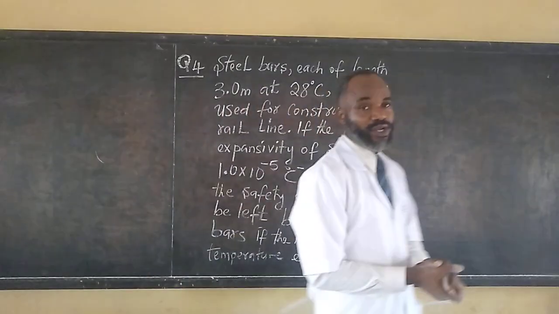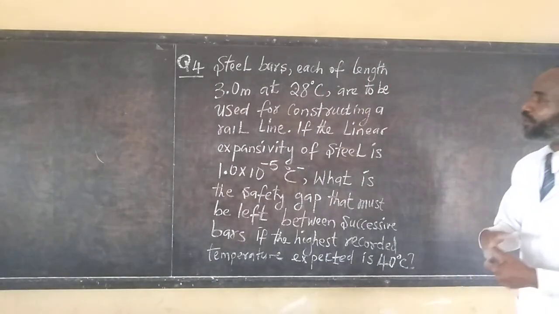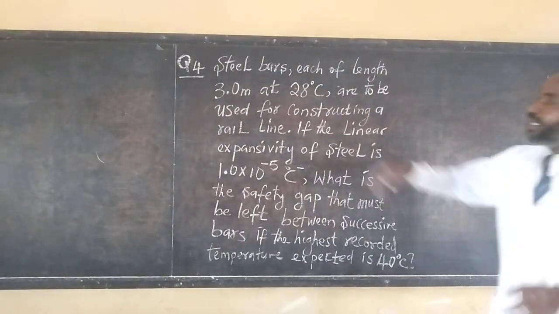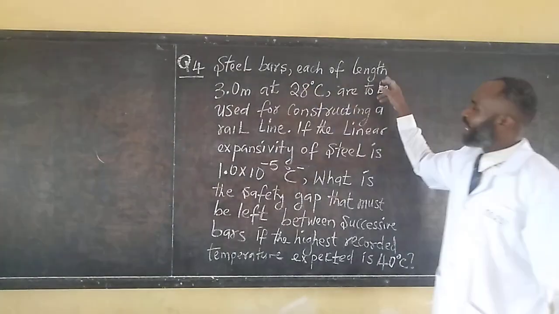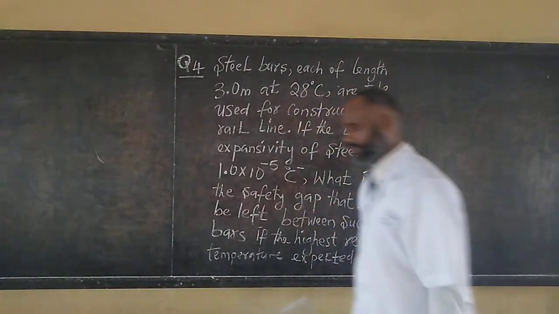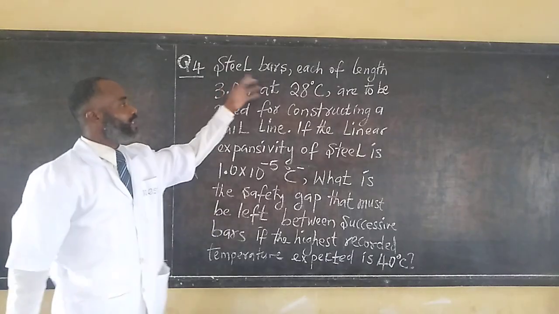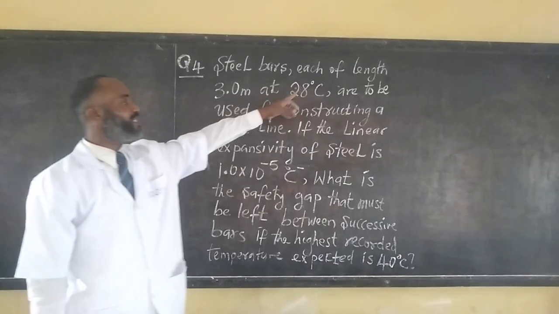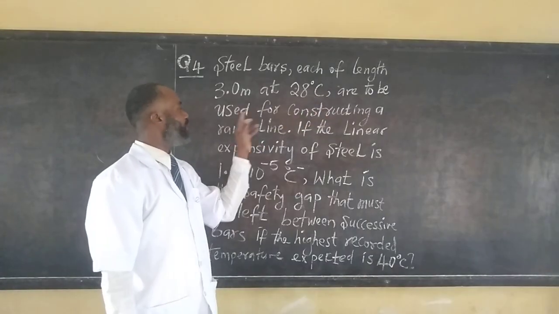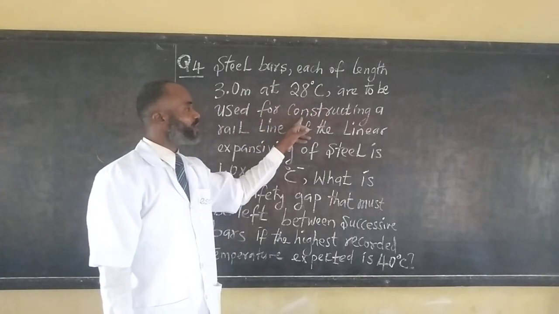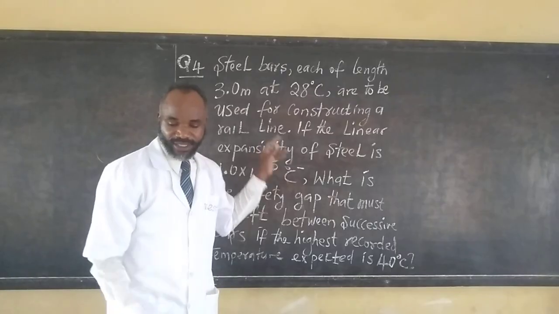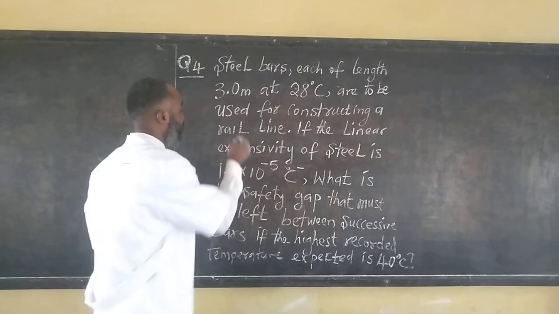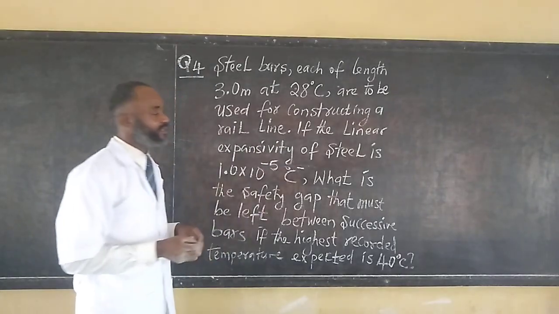Question. We are up to question number 4. Steel bars, each of length 3 meters at 28 degrees Celsius, are to be used for constructing a railway. A railway line or a rail line, it's the same thing, right?